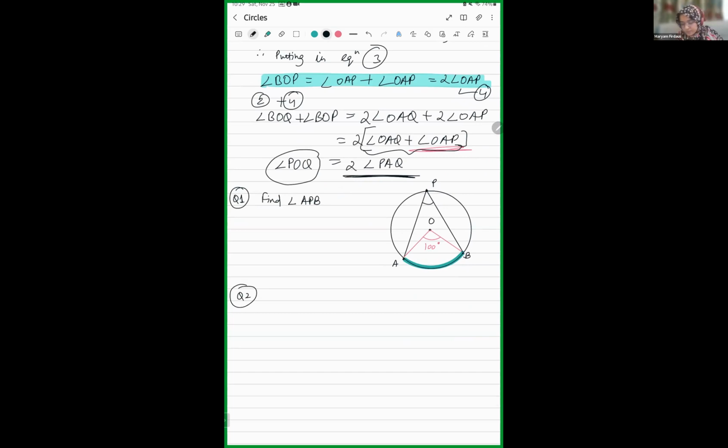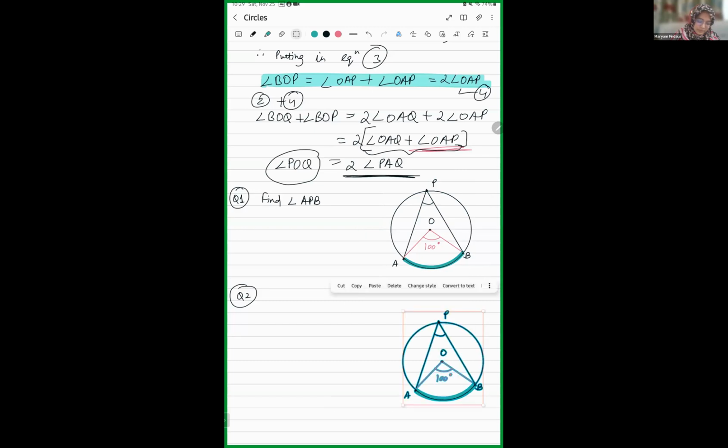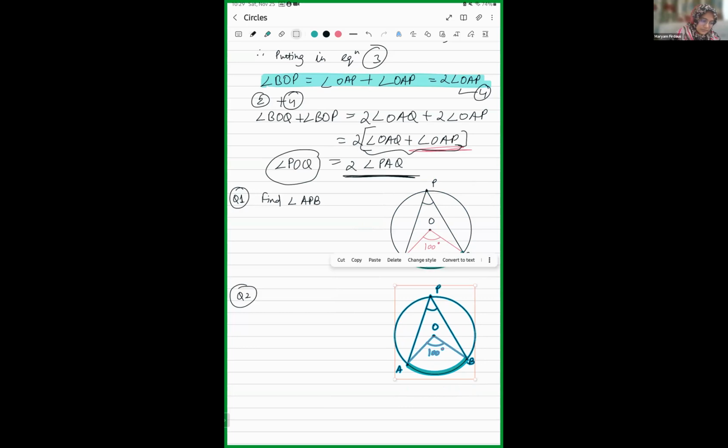Then question number 2. Similarly, we have another circle. In the second question, angle ACB is given as 40 degrees.